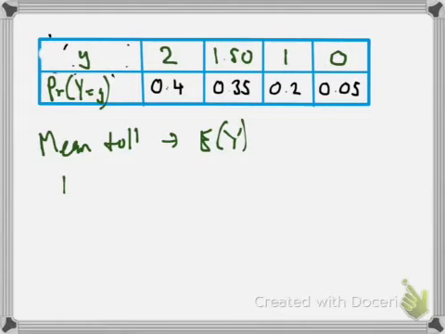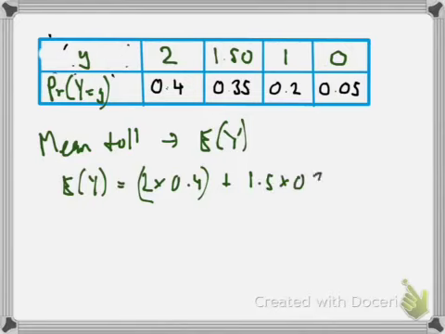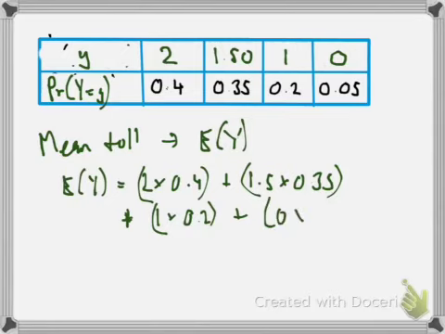That is E of y equals 2 times 0.4 plus 1.5 times 0.35 plus 1 times 0.2 plus 0 times 0.05.